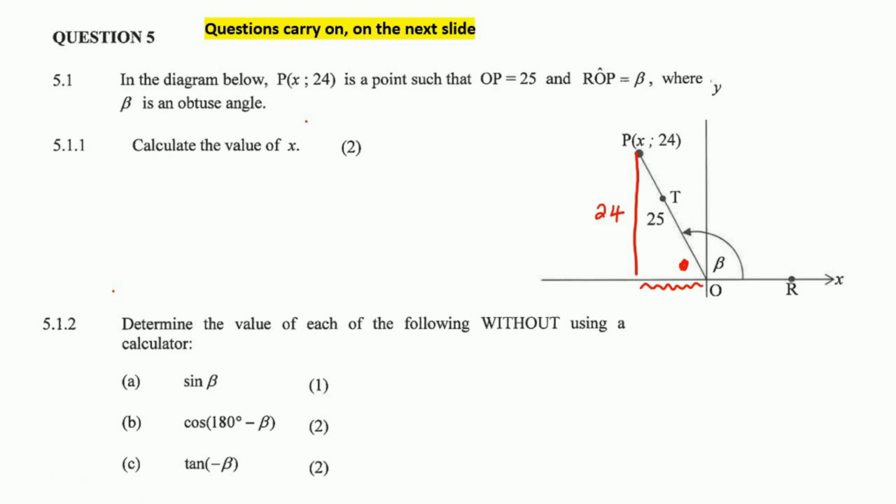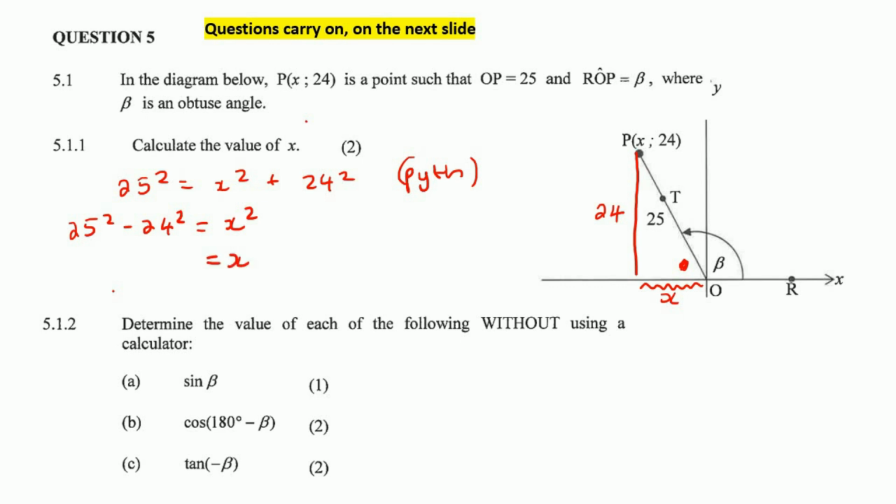So we can just say that 25 squared is equal to, let's just call this X squared plus 24 squared, and that's because of Pythagoras. And then if we had to get X squared alone, you would eventually get 25 squared minus 24 squared. Okay, and that's going to be 49, but then if you square root that, you're going to get 7.